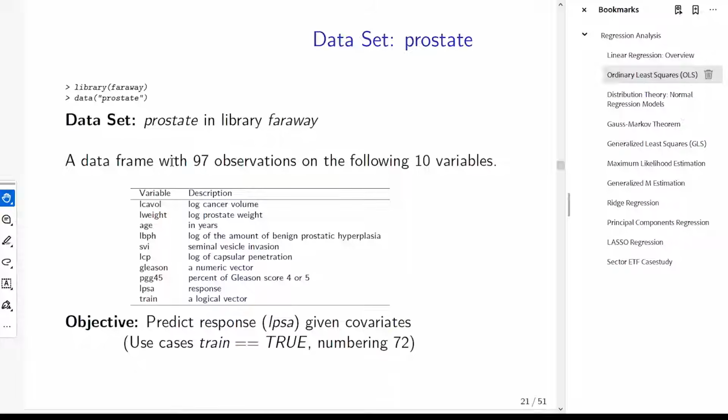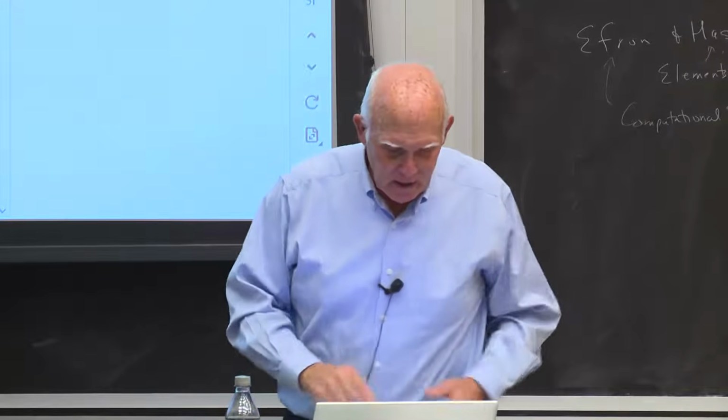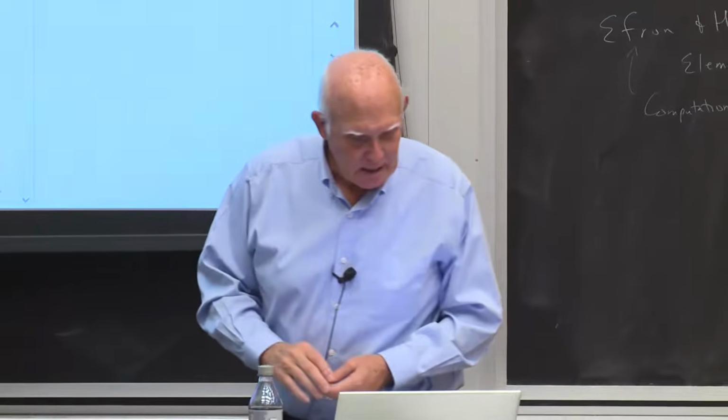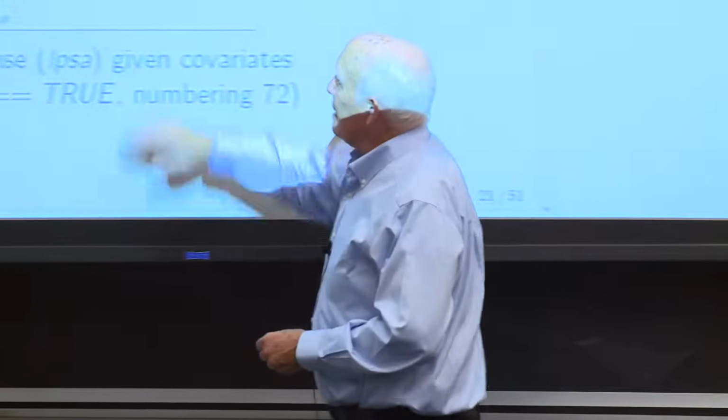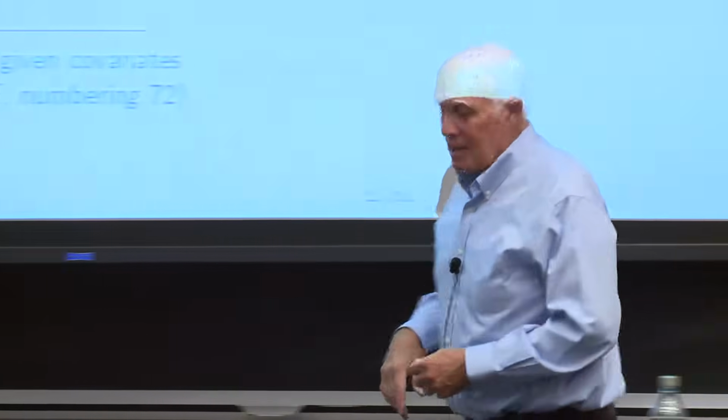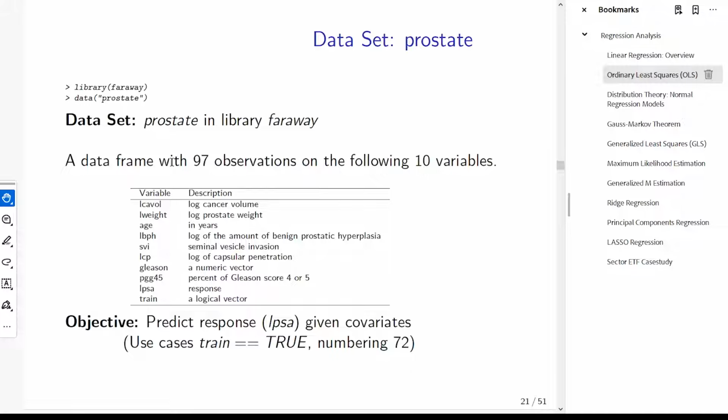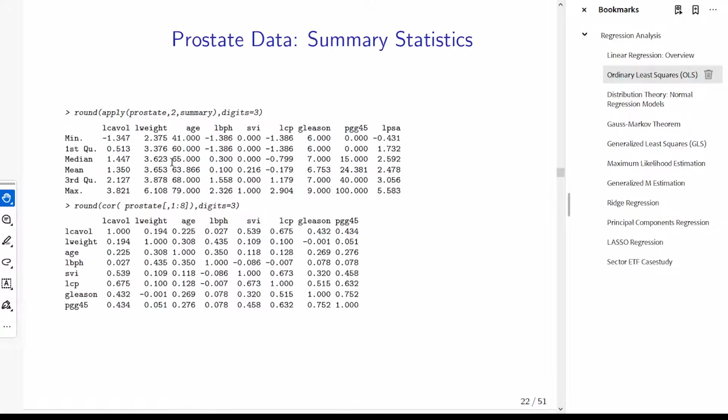With this data set, we're trying to predict the LPSA variable as it varies with other independent variables for subjects in a data set. This data set happened to be on patients or subjects with prostate cancer.